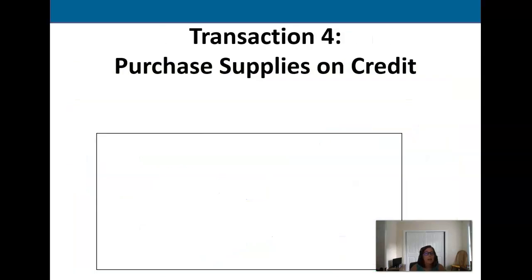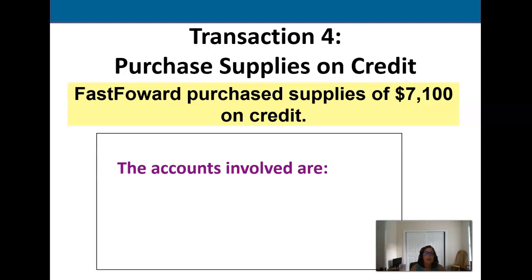Now we're going to buy some supplies on credit. So a slight twist. Well, we know we're going to have supplies impacted. We know that, but what would be impacted when we buy something on credit? Because we're not going to use cash. Not at least at this point. So we're going to purchase $7,100 on credit.